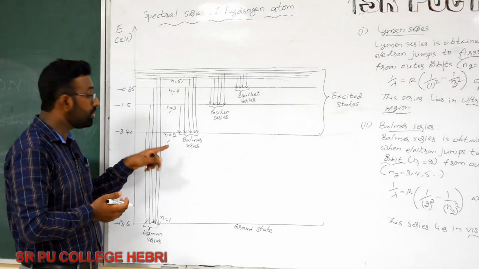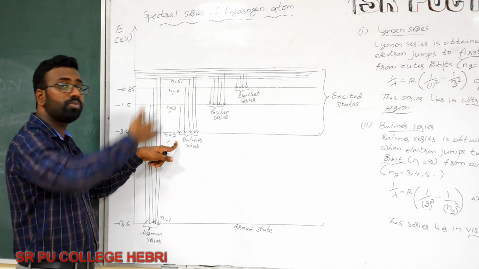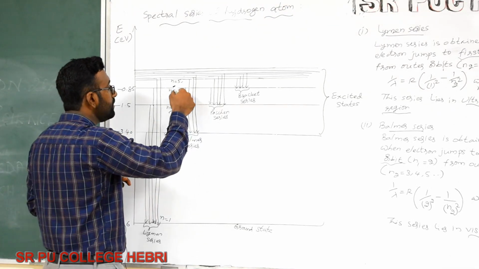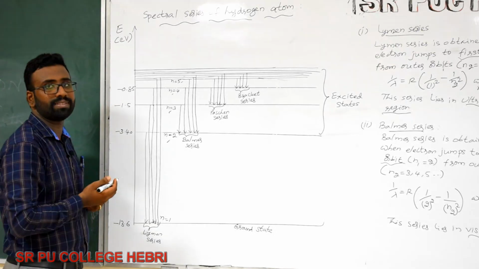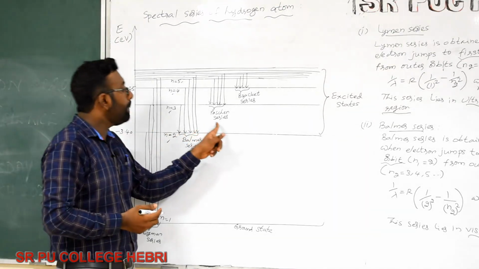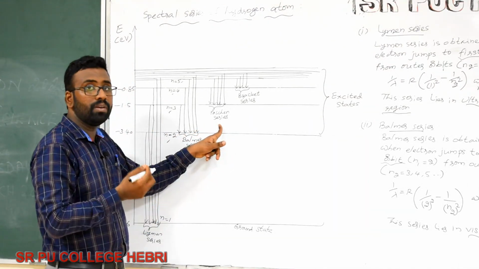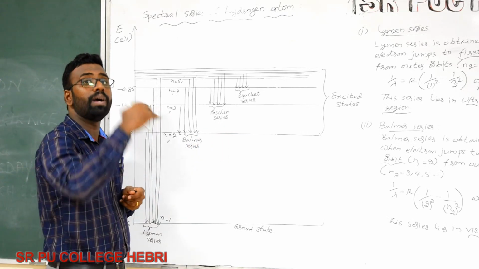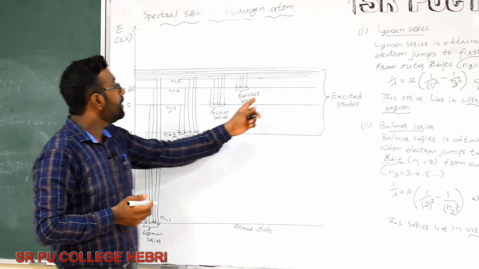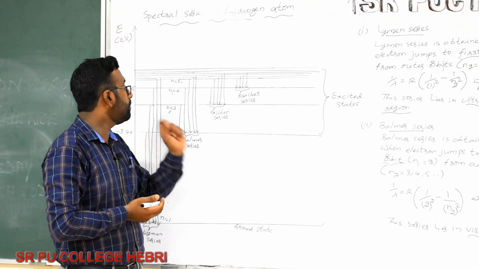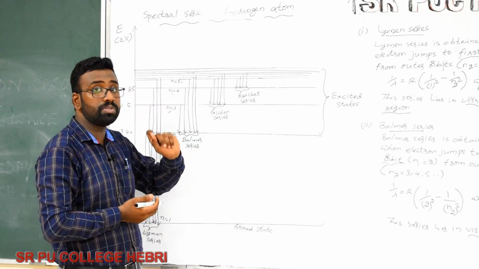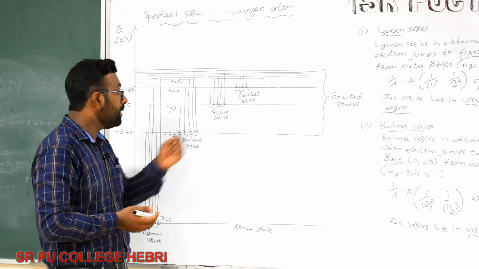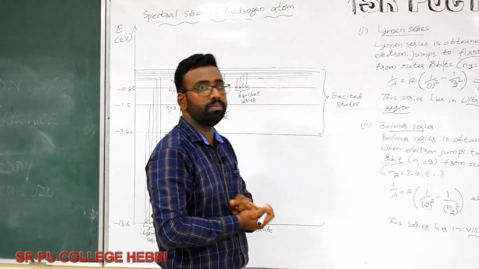When an electron jumps to the second energy level from the higher energy levels, so that may be n is equal to 3, n is equal to 4, n is equal to 5, etc. Similarly, Paschen series is obtained when an electron jumps to the third orbit from higher energy orbits. Then Brackett series is obtained when an electron jumps to the fourth orbit from the higher orbits. Now we will see in detail one by one.